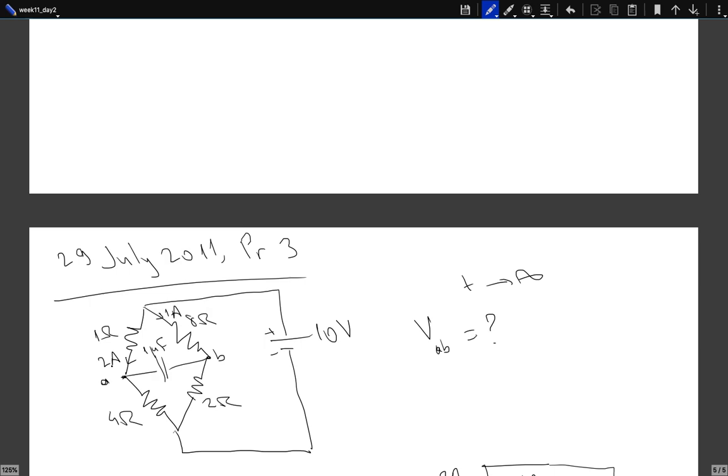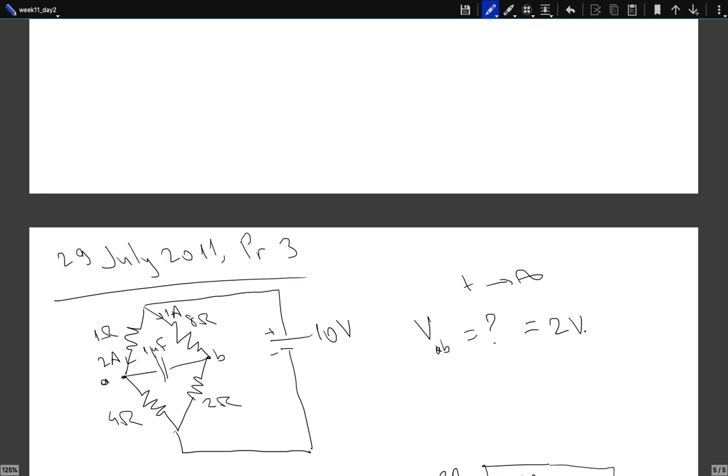Now let's see, what is the potential difference between A and B? Let's calculate the potential changes from A to B. From A to this point, what is the potential increase? 2 amperes times 1 ohm is 2 volts.